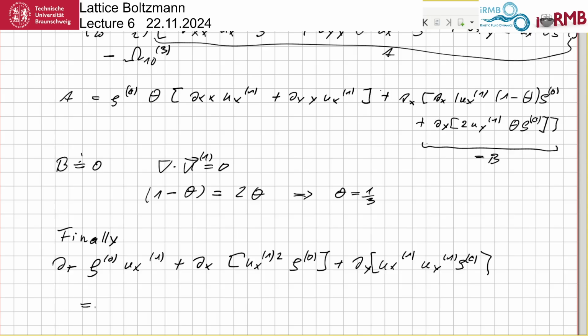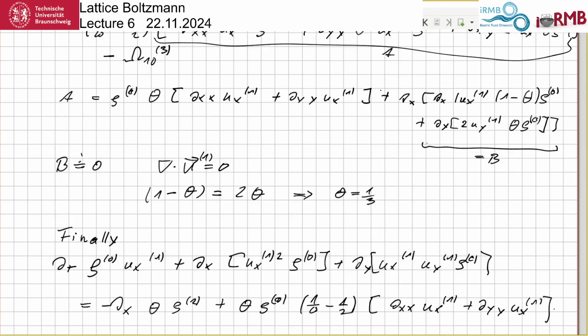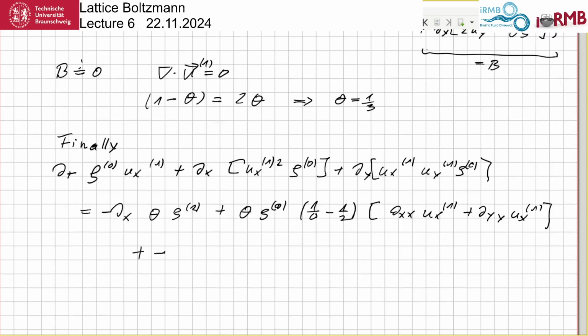So this is the left-hand side of the Navier-Stokes equation, and on the right-hand side we have dx theta rho second order, which is the pressure, plus theta rho 0 times 1 over omega minus 1/2, which is the viscosity, into dxx ux first order plus dyy ux also first order, and we have in addition plus omega 1 0 to third order, which is a body force, and this is the Navier-Stokes equation.